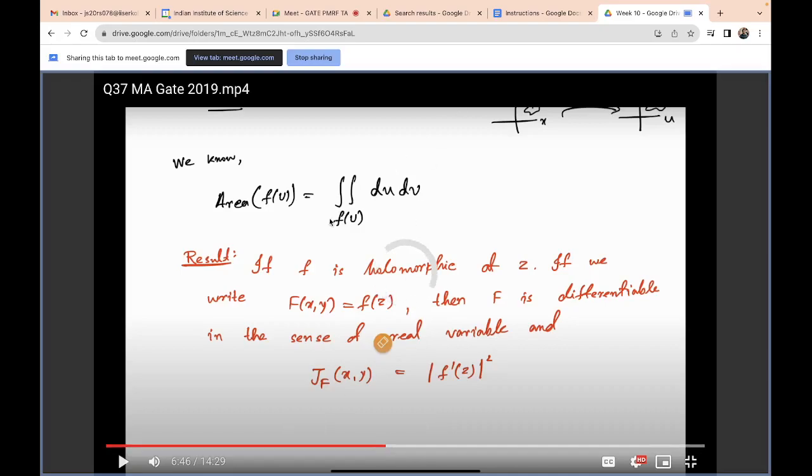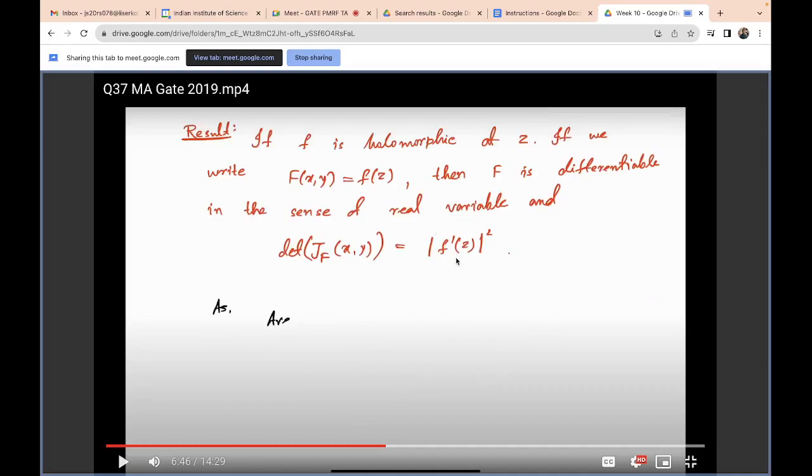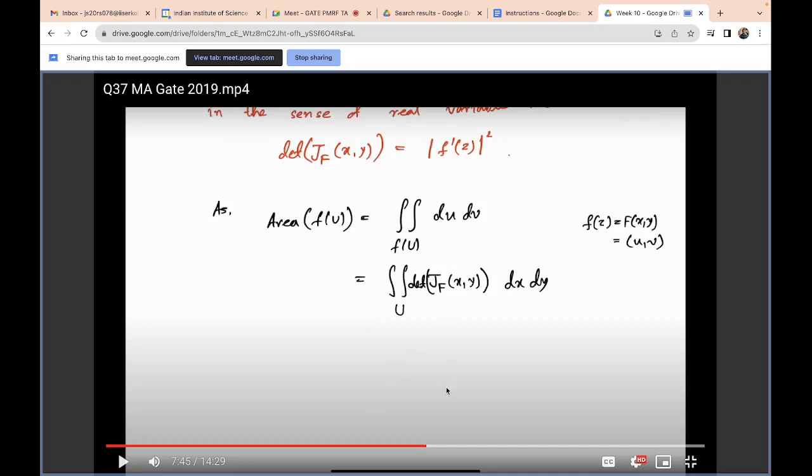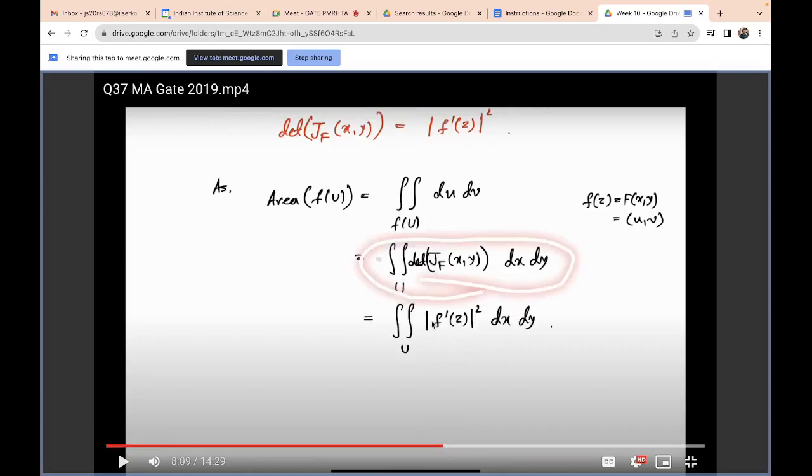If you make a change of variable, the Jacobian determinant will come, and we just replace it by mod f dash z square. So this is simple. Up to that line it is only the real variable part. Here we have transferred it to the complex case, in terms of little f. That's why I have written it in this form.